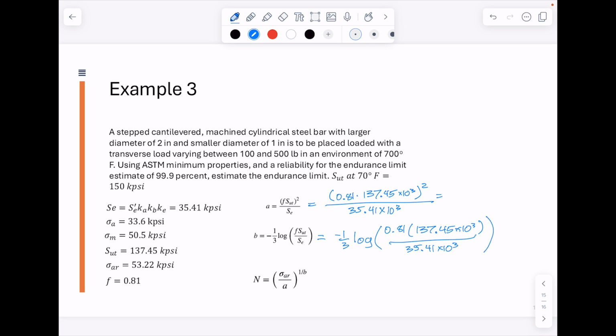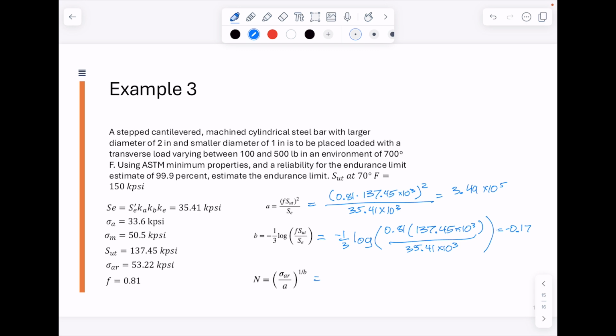So our A will be equal to 3.49 times 10 to the fifth. Our B is going to be equal to a negative 0.17.